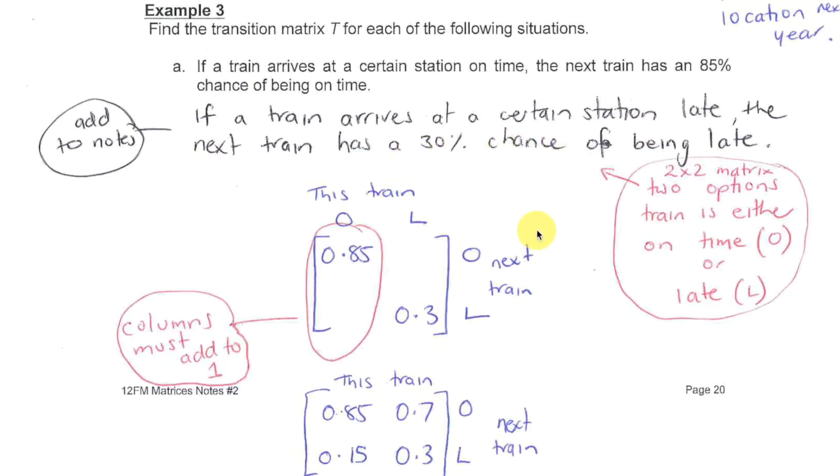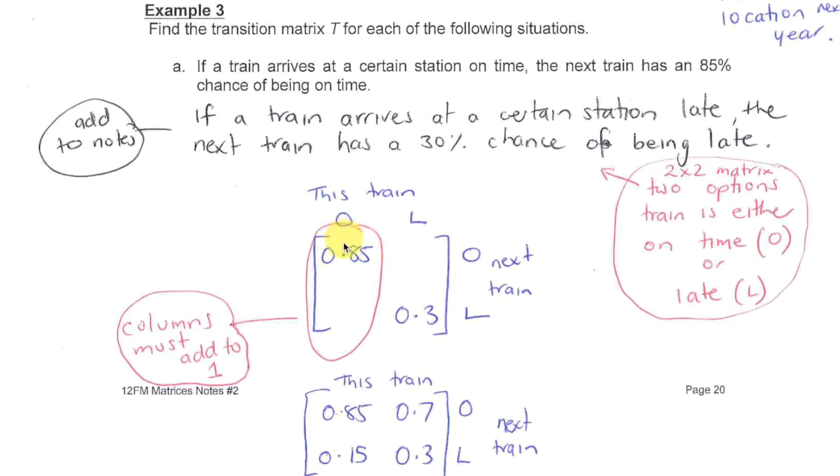So we've got two states here that we're concerned about, being on time and late. So we're going to set ourselves up with a 2x2 matrix. So we've got this train and the next train, from and to. So an 85% chance if we're on time for this train, the next train is 85% likely to be on time also.